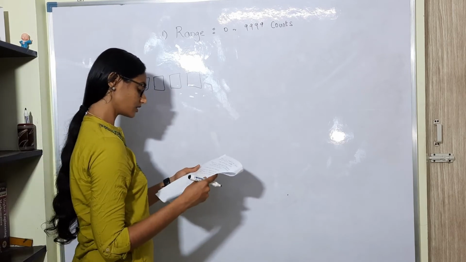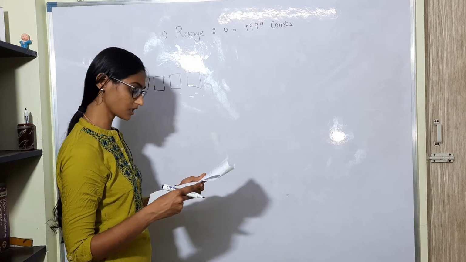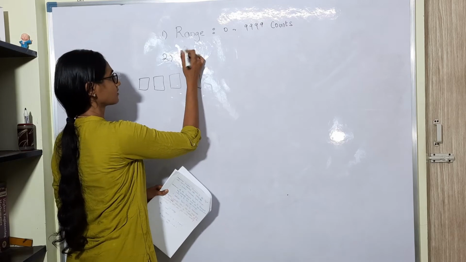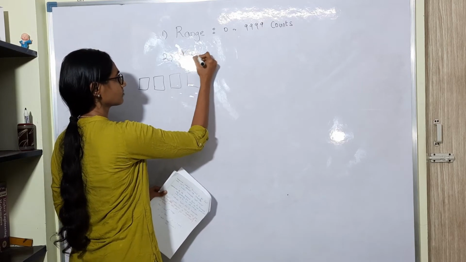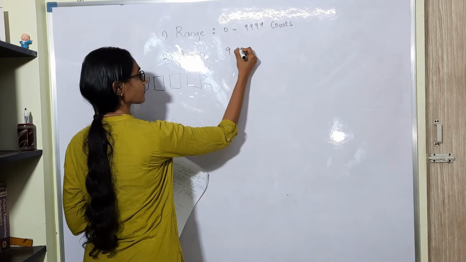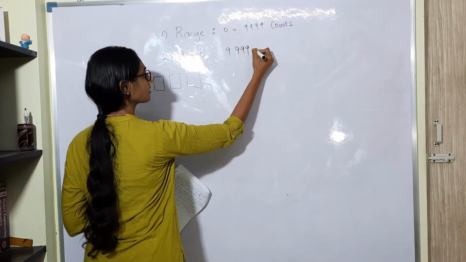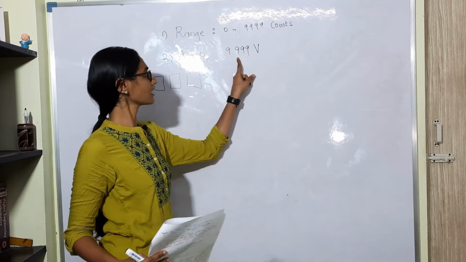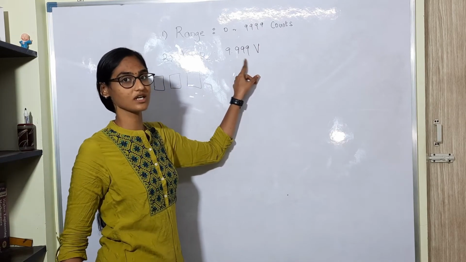And what is given? Determine the resolution of the instrument when full scale reading is 9.999 volt. The full scale reading or FSR is 9.999 volt. So this shows that this device has a precision of 3 digits.